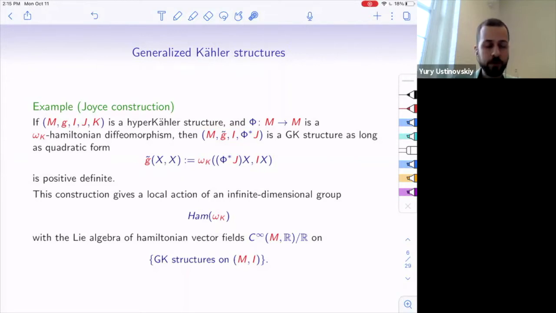The way to think about this construction, which will be useful for us later, is that what it gives us is a local action of an infinite dimensional group of Hamiltonian diffeomorphisms of the manifold.